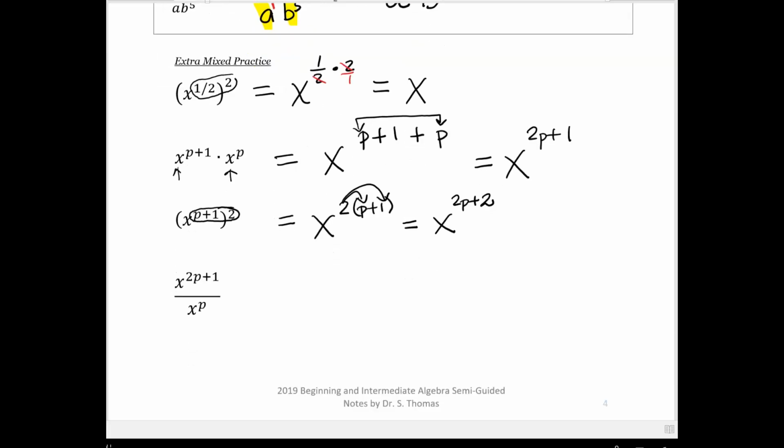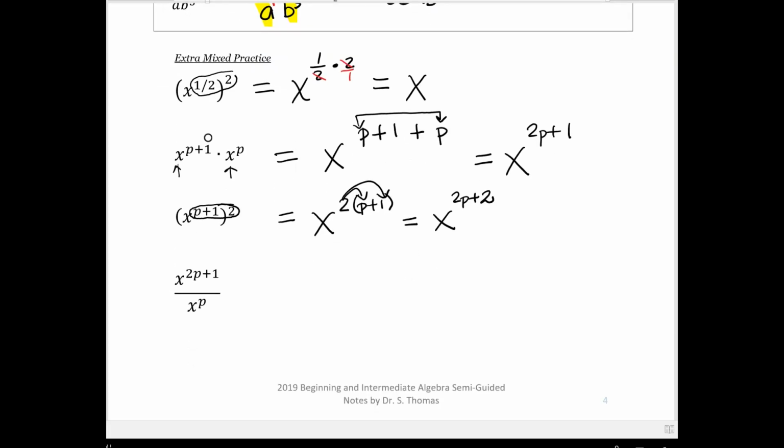And lastly, what is the rule for this example? We have division. So the rule is subtraction. So x to the 2p plus 1 minus what? P. So 2p minus p is 1p plus 1.